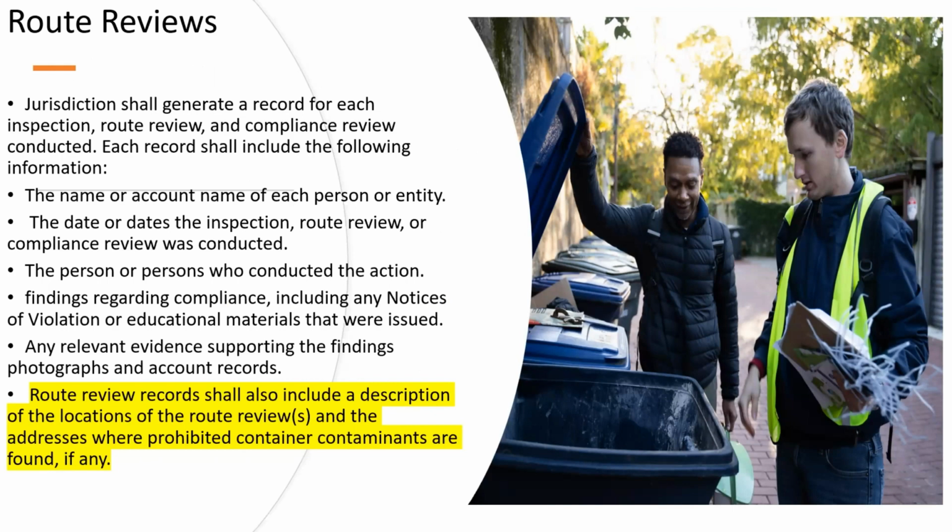What educational materials did you distribute as a result of the inspection? If you can get photographs, that would be wonderful to keep in each individual account that's been found to be contaminated with improper materials. Okay, that's the requirement. So really, if you got photographs, you're in good shape. Next slide, please.